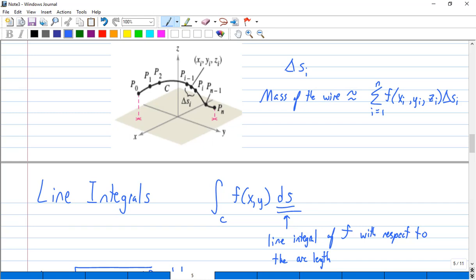So the official definition here could be written with this summation, because any integral can be written with the summation notation. Remember even when we were doing the two-dimensional integrals, we were summing up an infinite number of rectangles.